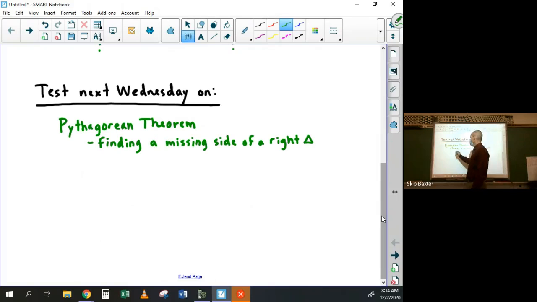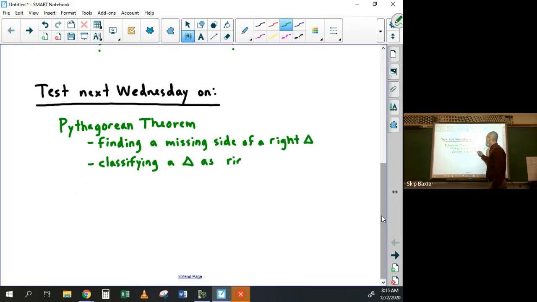And then also using the Pythagorean theorem to classify triangles by their angles, right? So classifying a triangle as right, acute, or obtuse.